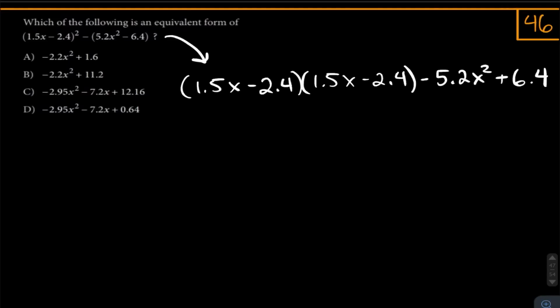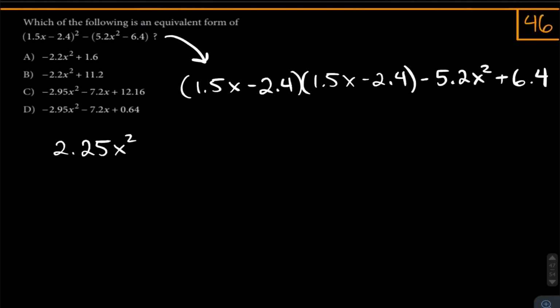Again, this is the slower way to do things. If we multiply 1.5 by itself, we're going to get 2.25, and this is going to give us an x squared. If we multiply the negative 2.4 by the 1.5, I'm just going to put that in my calculator here, we're going to get negative 3.6, and we're going to get two of those, right? We're going to get that one, and we're going to get that one, right?